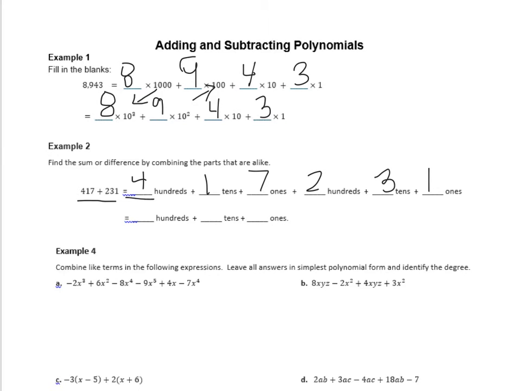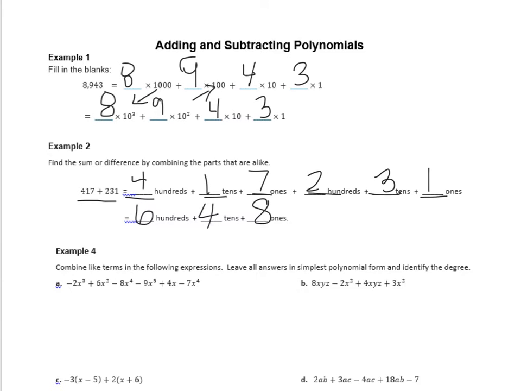So 4 hundreds and 2 hundreds gives you 6 hundreds, 1 ten and 3 tens gives you 4 tens, and 7 ones and 1 one gives you 8 ones. So the sum is 648. And the reason I point that out is because you're going to do something very similar when you're adding and subtracting polynomials. We call it combining like terms. You combine the parts that are alike.